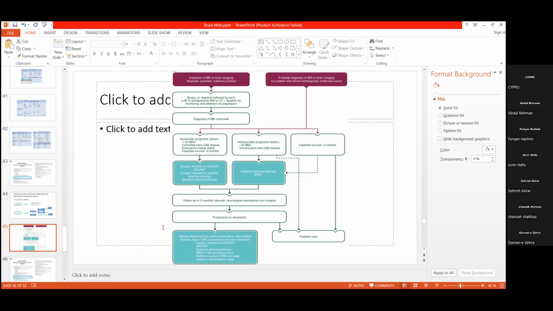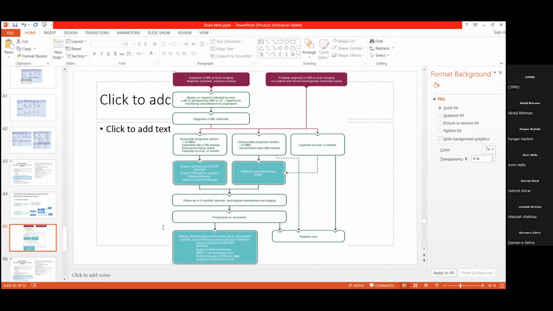So basically, whenever we are trying to select whether we are going for 3 fractions, 5 fractions, or a single fraction: any lesion which is above 3 centimeters, and if it is making a total volume of more than 15 cc, I would prefer to fractionate.